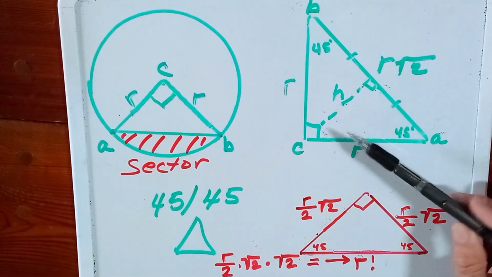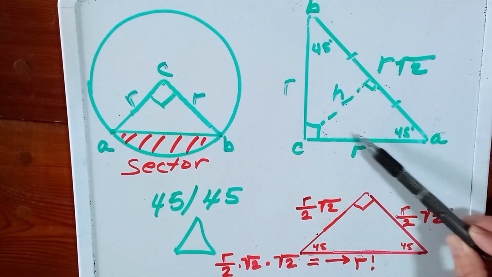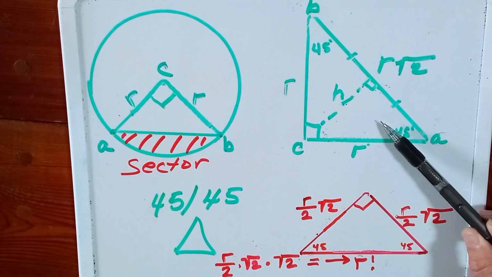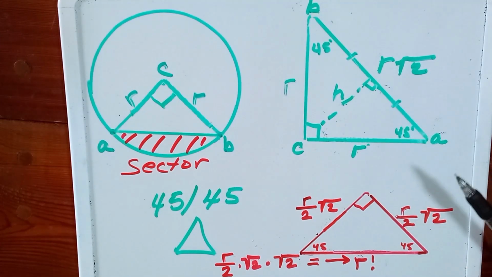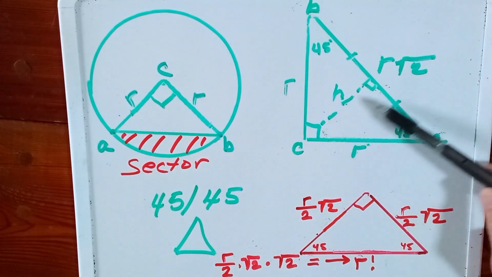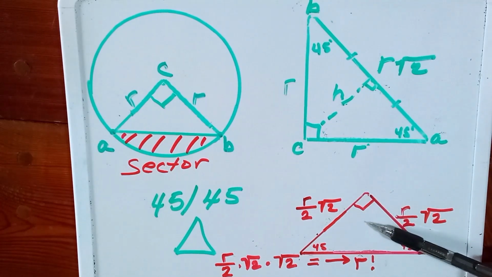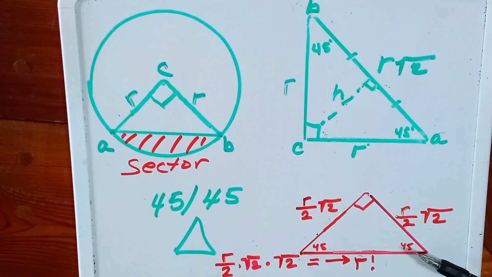So I've drawn that in with a dotted line, and I've created another 45-45 within the original 45-45 triangle. And that is indicated down here. So here is this triangle, redrawn, just moved down, put in red so we can break it out and see how we are coming up with these other measurements.